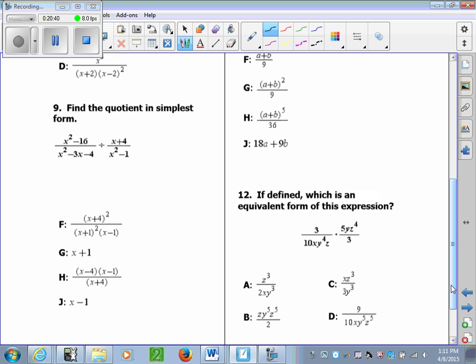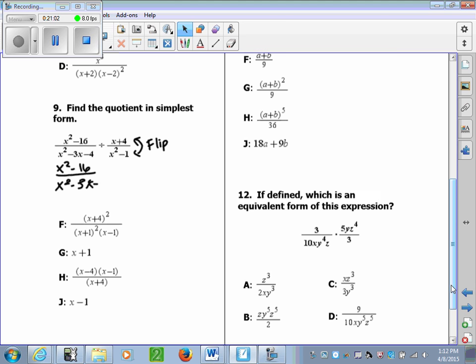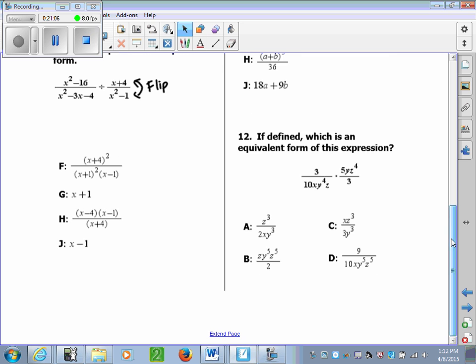So first, when I'm dividing, I know I need to first change it to multiplication. To do that, I'm going to multiply by my reciprocal, or flip the second fraction. The first fraction won't change. It'll be x squared minus 16 over x squared minus 3x minus 4. I know I'm going to need more space, so I'm going to write this down at the bottom.